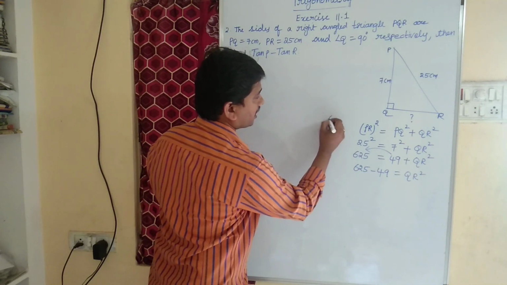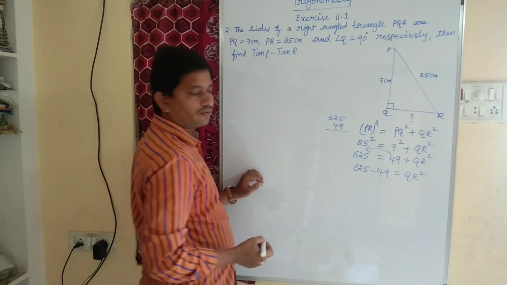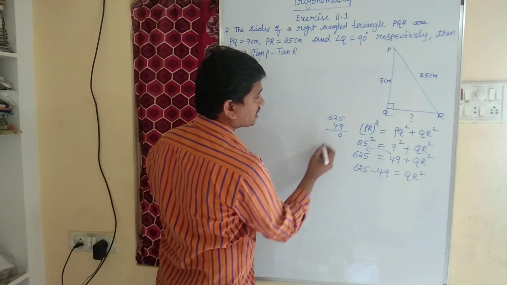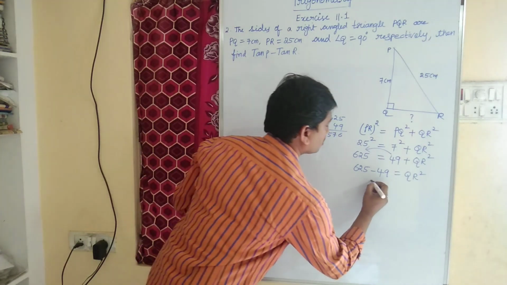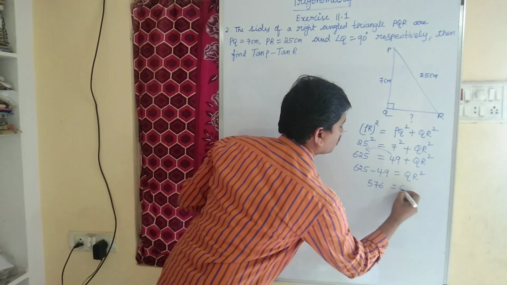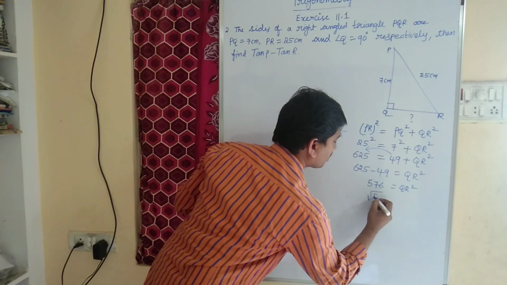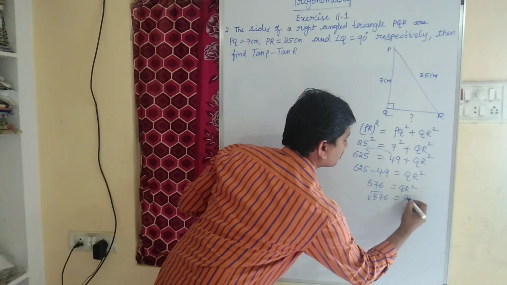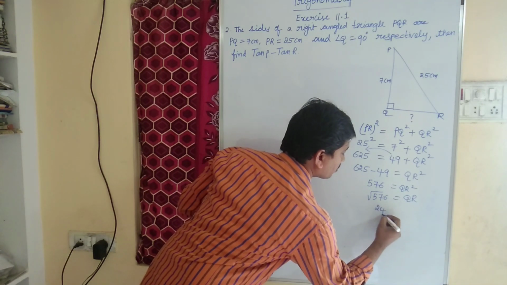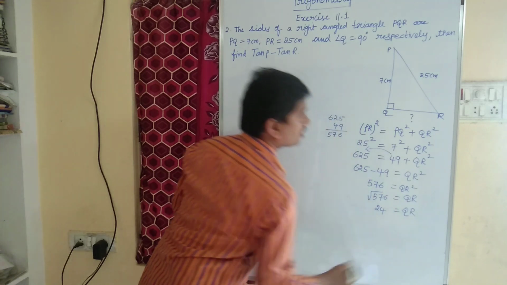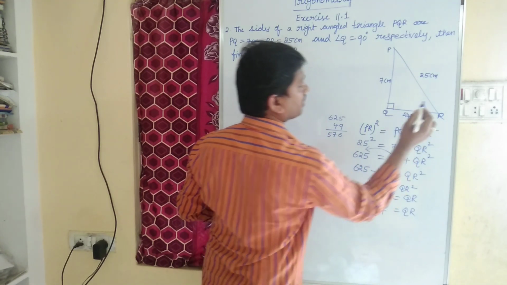So 625 minus 49, 576 equal to QR square. Square, you transpose this side, it will become square root of 576, which is equal to QR. Square root of 576 is 24. So what is the length of QR? We got the length of QR is 24 centimeter.